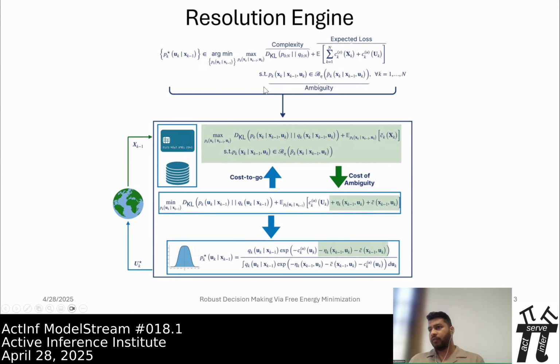In the code, I call P bar the nominal model. So we decompose this problem into a bi-level problem where we minimize over the free energy, and the maximization of the free energy is implicitly incorporated in the terms of eta and c tilde, which makes the cost of ambiguity. By solving this problem, we obtain the twisting kernel policy, where eta and c tilde are the exponent of your exponential policy. So this is the flow of the Dr. Free resolution engine.